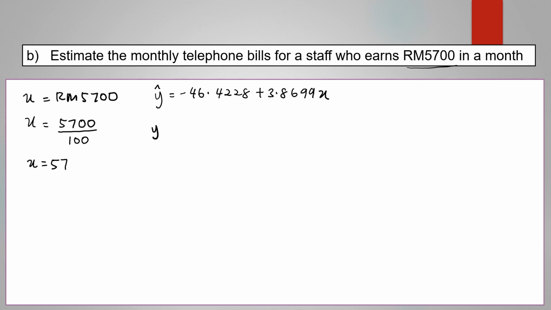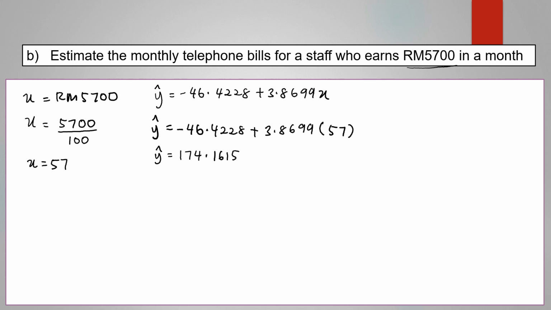So we will have y hat equals negative 46.4228 plus 3.8699 times 57. Press your calculator correctly and you will get the value of y hat equals 174.1615. Please remember, our value of y should be written in 100.